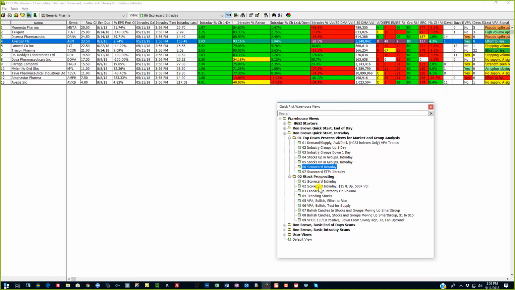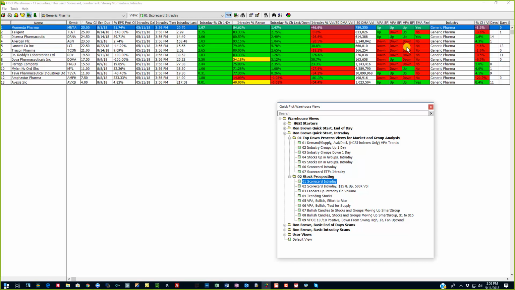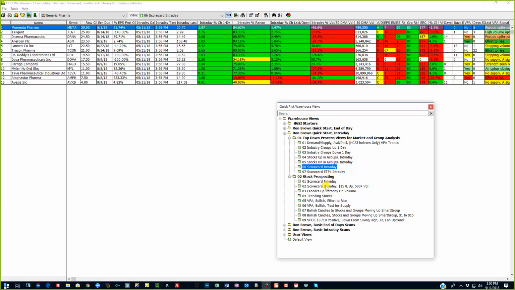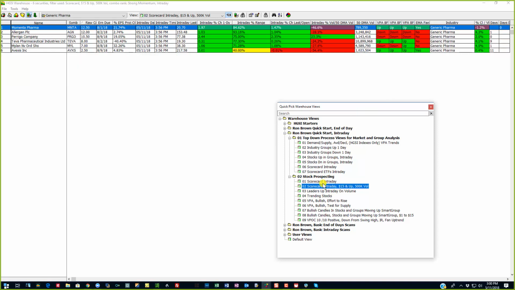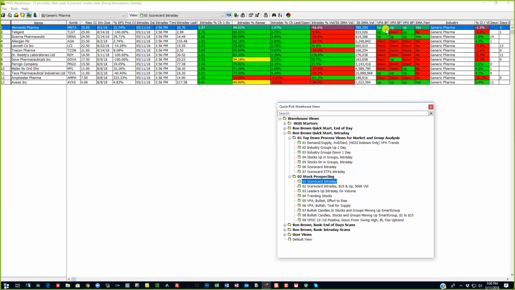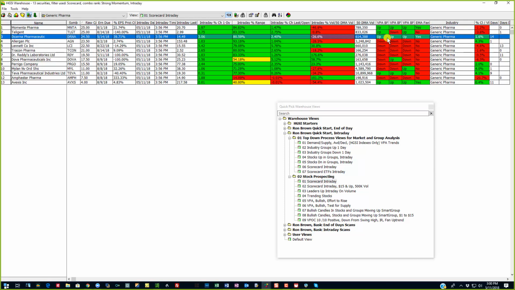So down here under stock prospecting, if you go to this scorecard intraday, notice that the trends are in here rather than the traditional scorecard. I put that in here and in here. The reason I did that, I did it for my own benefit, but for everybody's benefit too. I want to quickly be able to see which of these stocks are trending.